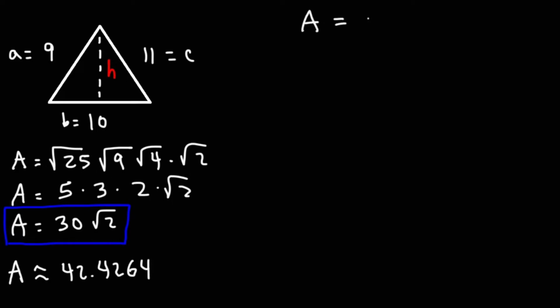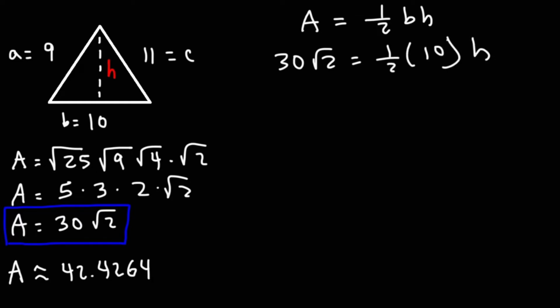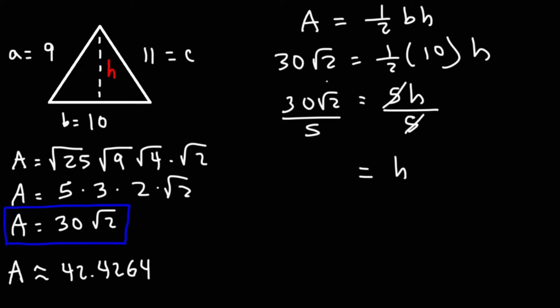So we know that area is 1/2 base times height. And the exact value for the area is 30 square root 2. And the base, we know it's 10. So 1/2 of 10, or 10 divided by 2, that's 5. Now to get h by itself, what we need to do is divide both sides by 5. 5 divided by 5 is 1. And on the left, we have 30 divided by 5, which is 6.